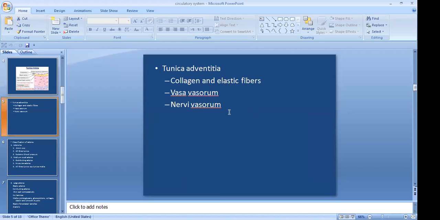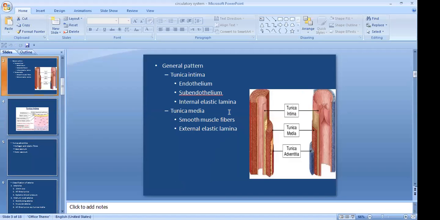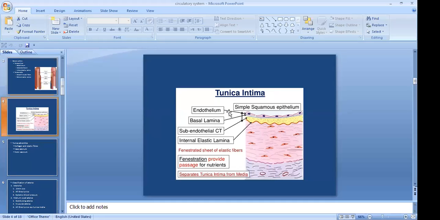So I would repeat this again. The vessels, whether they are arteries or veins, are composed of three layers: tunica intima, tunica media, and tunica adventitia.